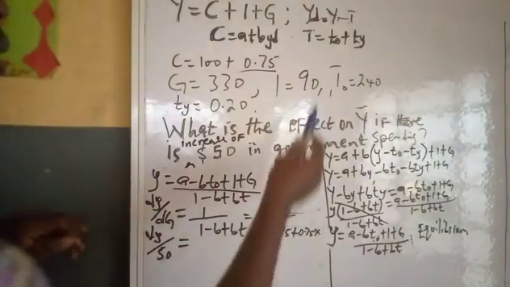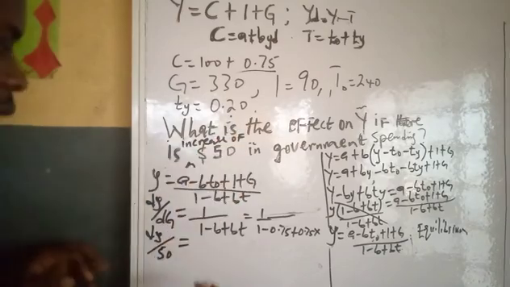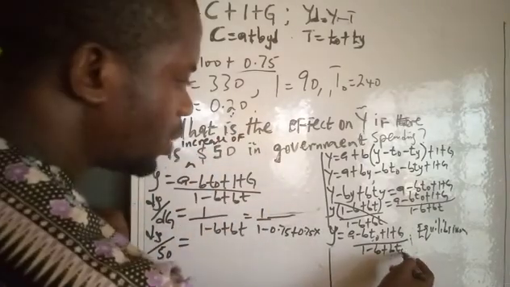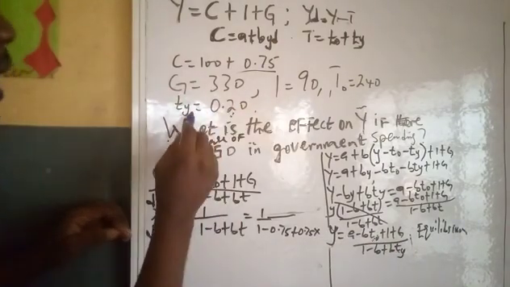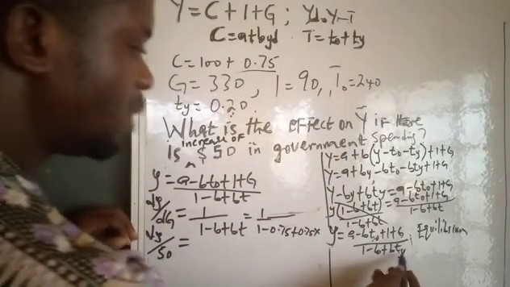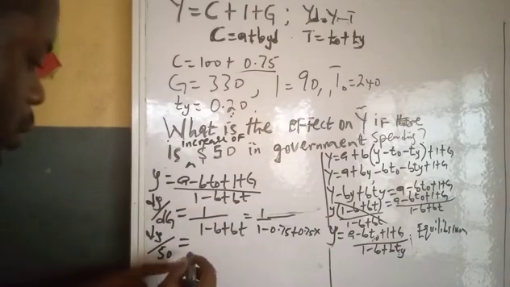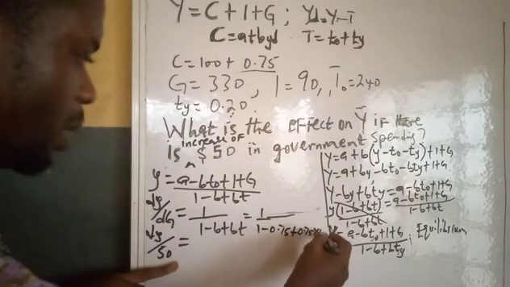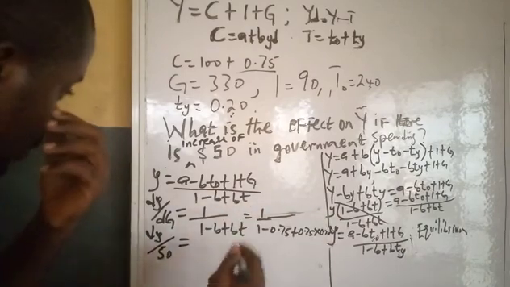Can you see it now? Ty is 0.20. T naught is 240, but it's Ty we need. So since our Ty is 0.20, this is going to be 0.20. By the time you do this together now, you'll have 0.40.